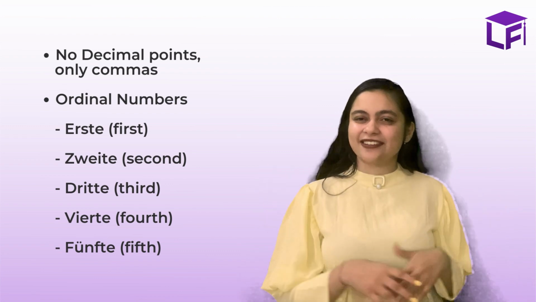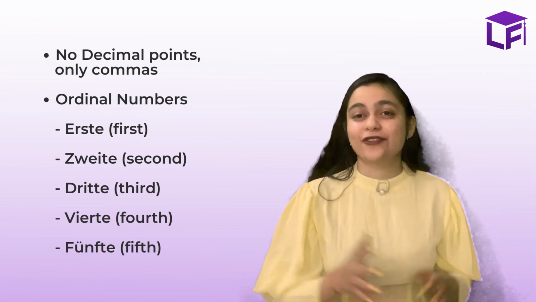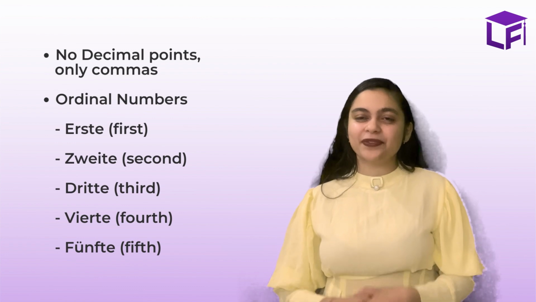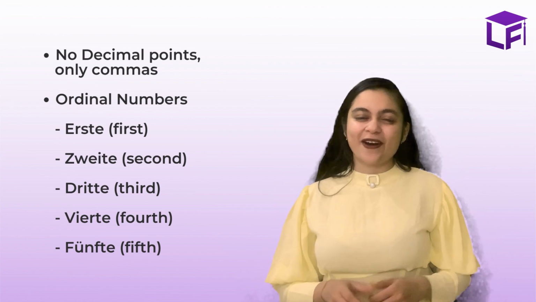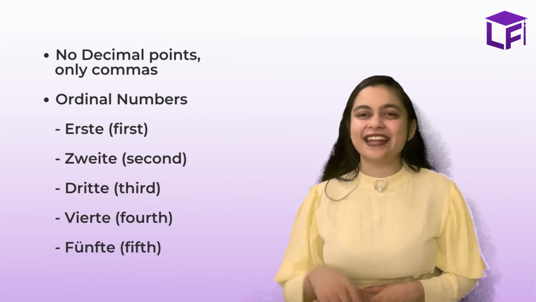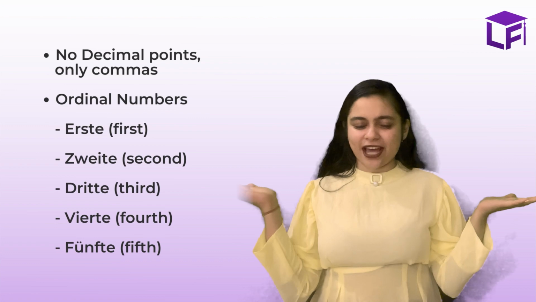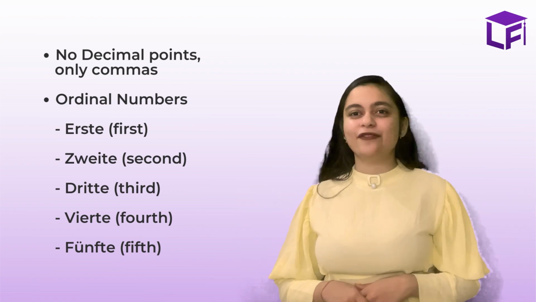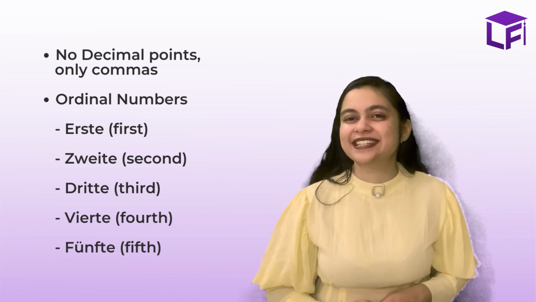So just another example, how would you say 14th? For saying 14th, you have to say vierzehnte. All you have to do is just add a te at the end. So what have we understood? Now we know the number names from 0 to 100.